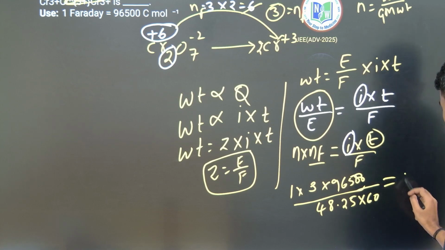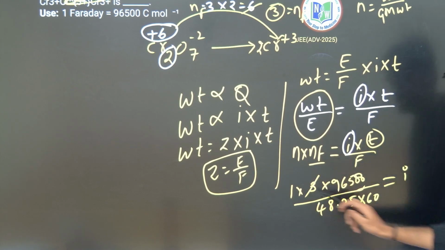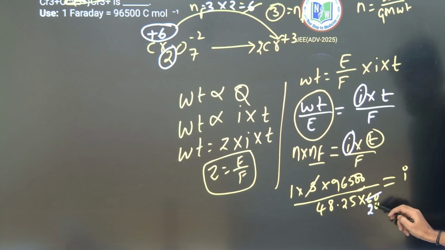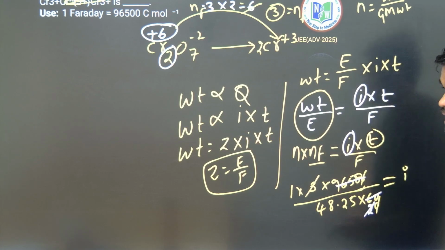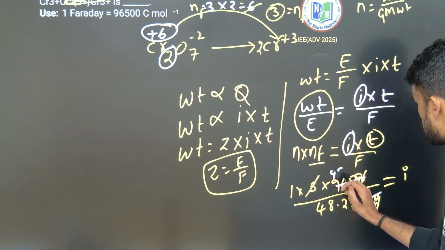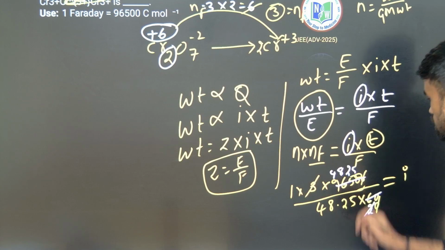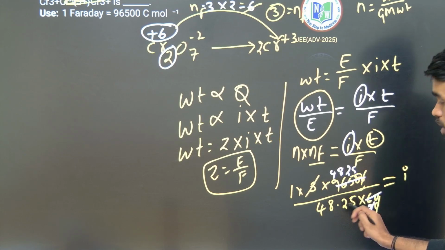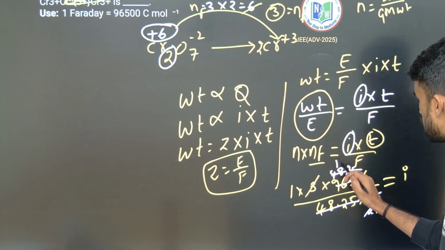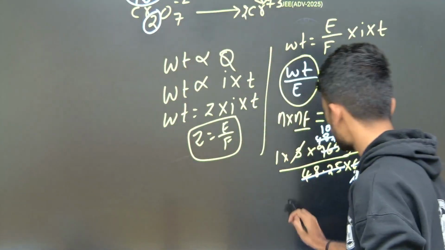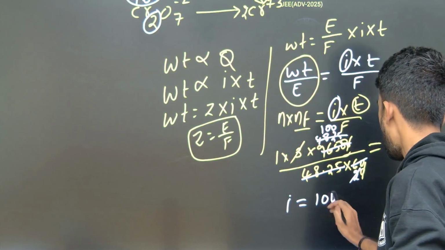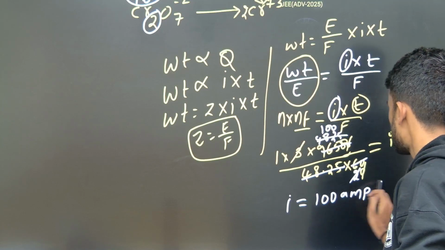Now we are left with I. So this 3, this 20, this 0 cancels, so this will be 1 time, and here we get 4825 by 48.25, so this will be 100 times. So what is our I value? I will be 100 amps. This is our final answer.